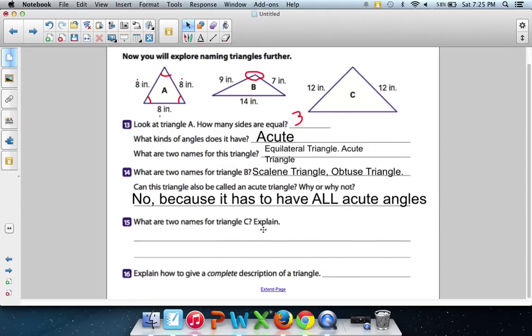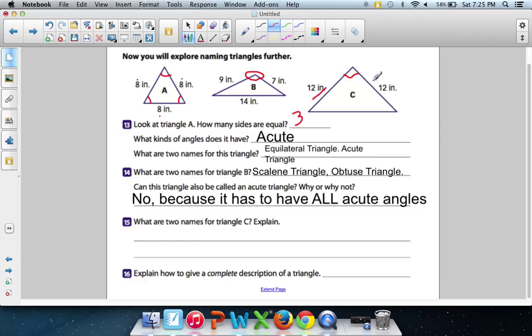What are two names for triangle C? All right. Well, if you look up on top, we can find a right angle. It's kind of hard to see when it's on top like that, but that's that perfect right angle. And it looks like we have two equal sides.